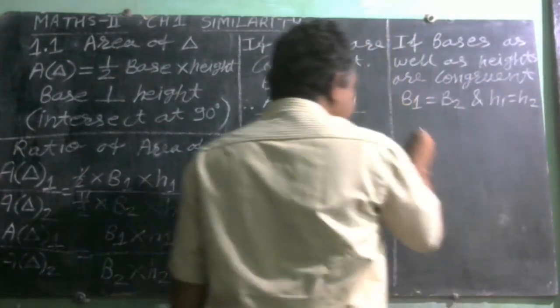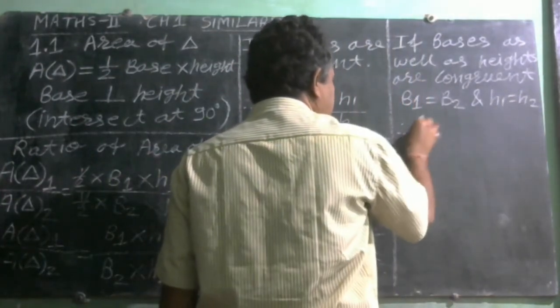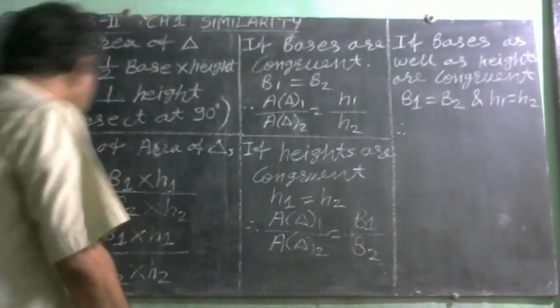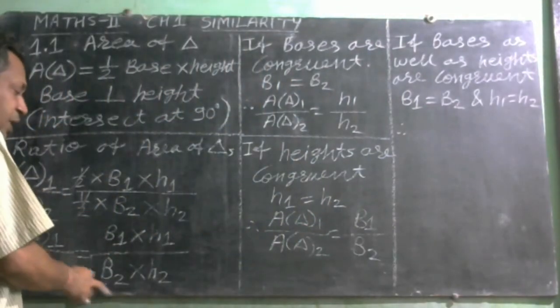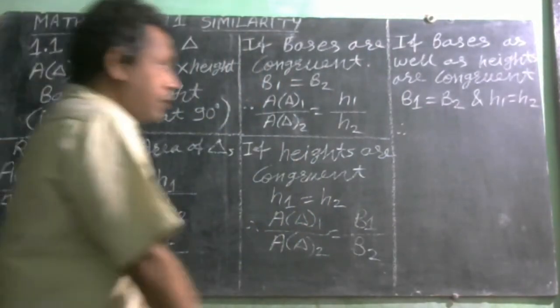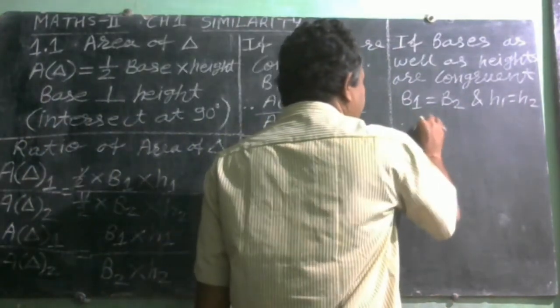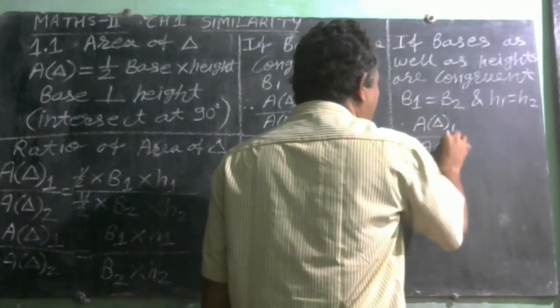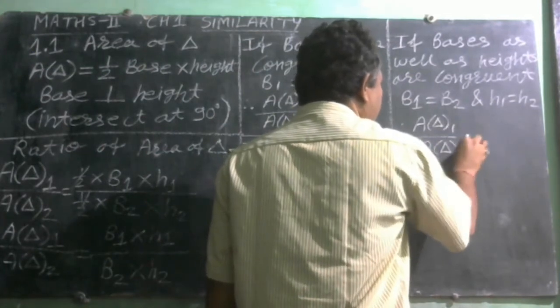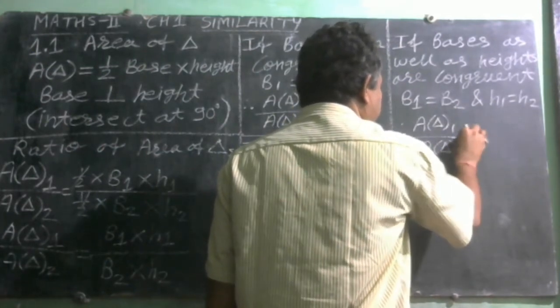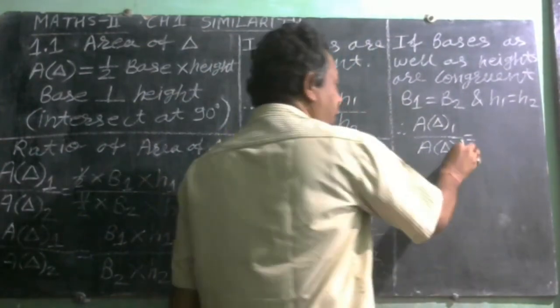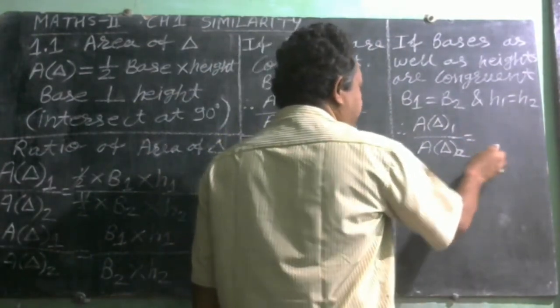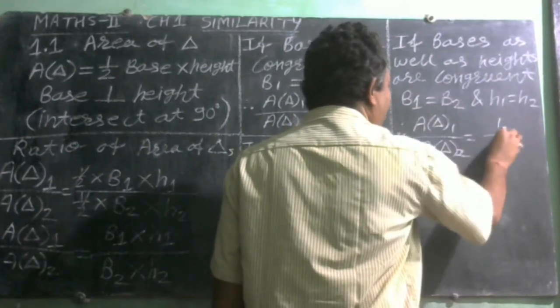In this case, both B1 B2 will be cut, H1 H2 will be cut. In that case, area of triangle 1 upon area of triangle 2 equal to 1 upon 1.